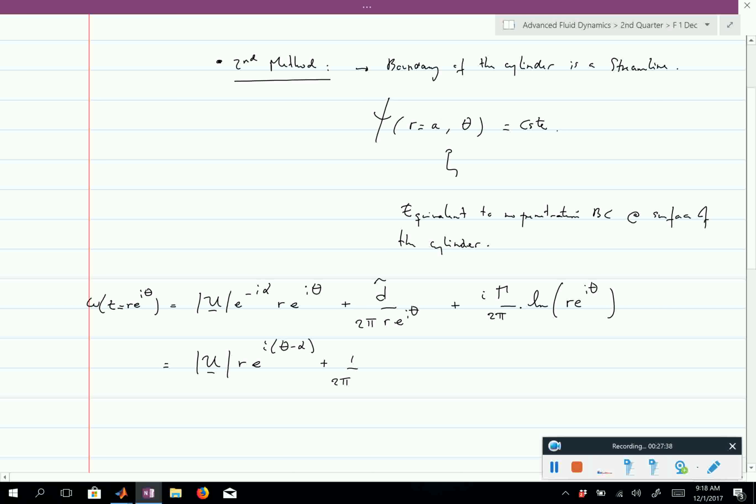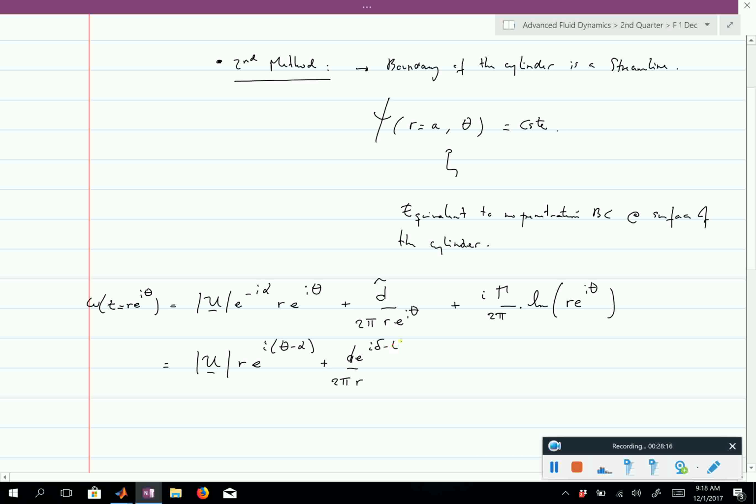Now I'm going to express D, my dipolar moment, in its modulus and argument form. So let me call D with no tilde the modulus, and e^(i delta) for the angle, well, delta, because then I have D's everywhere. So delta is going to be the angle, and I have 1 over r, and 1 over e^(i theta) is e^(-i theta).